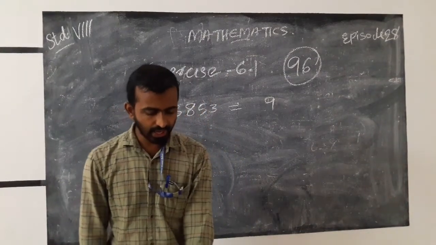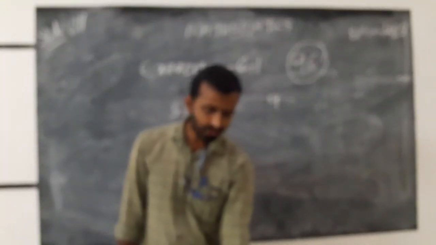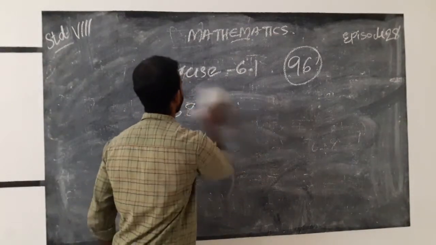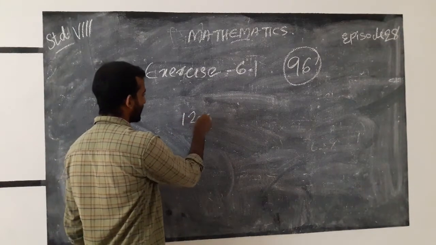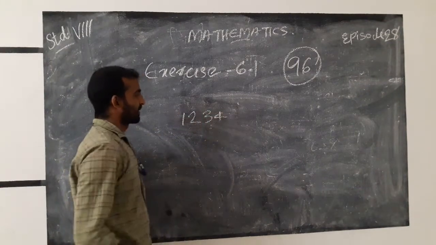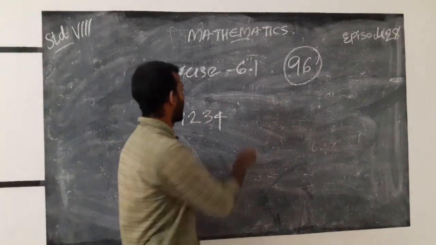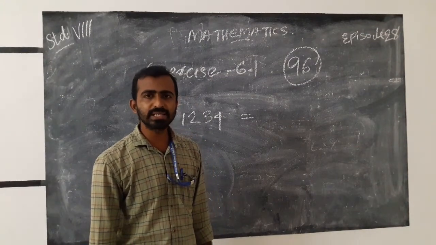Next question is 1,234. We get unit place is 6. Why? What is the reason?